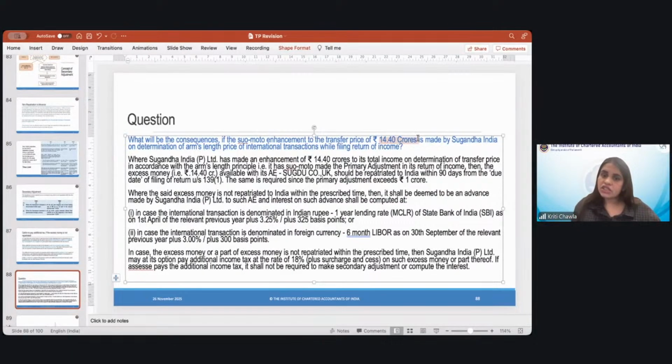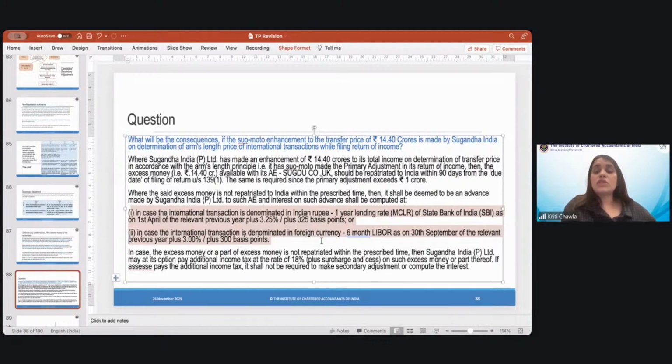If there is a primary adjustment, there will be a secondary adjustment because this amount is more than 1 crore rupees. So this amount has to be repatriated to India within 90 days. If it is not, then this will be considered as 14.40 crores of deemed loan. And this loan will attract interest, which I have mentioned here.